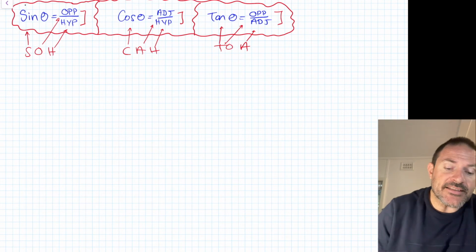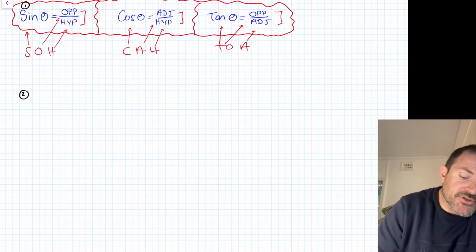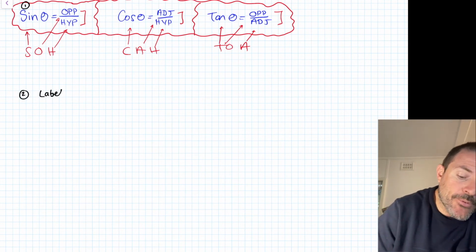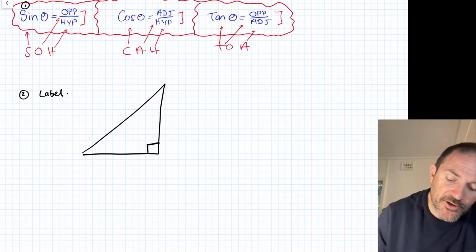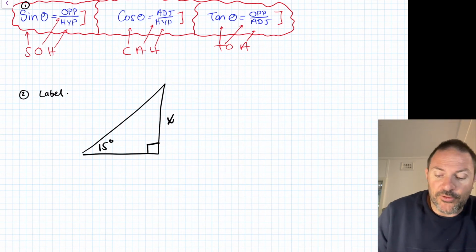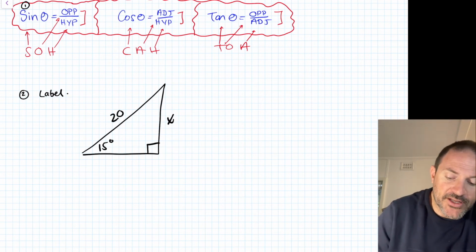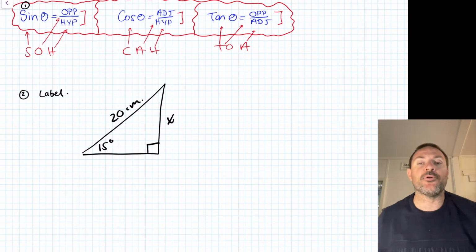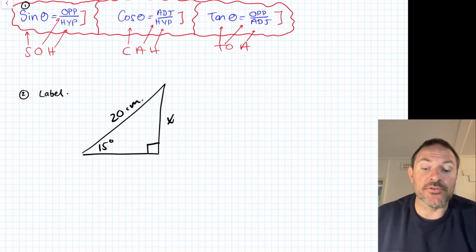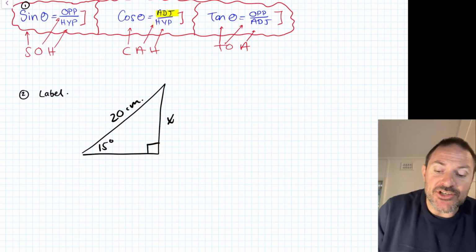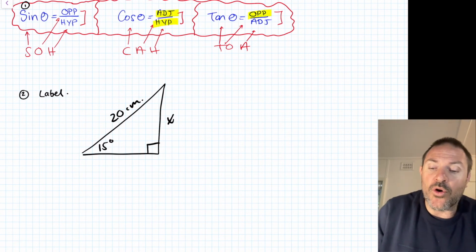Now, that's number 1. Number 2, we want to be able to label my diagram. So for example, if I gave you a different question like 15 degrees and I threw an X in here and a 20 centimeters here, would you be able to label this triangle with either adjacent, hypotenuse, or opposite?